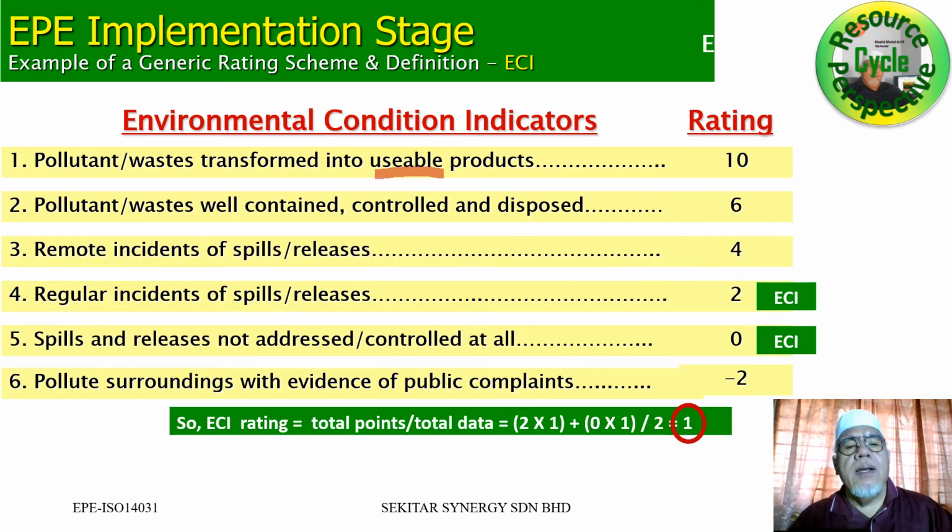Okay, all right. Remote incidence of spills, 4, and regular incidence of spill releases, so bad, doesn't score much. So surrounding evidence of public complaints, oh my, minus.